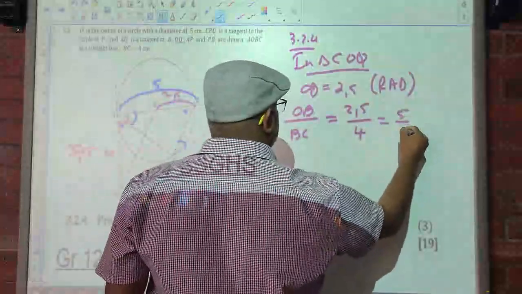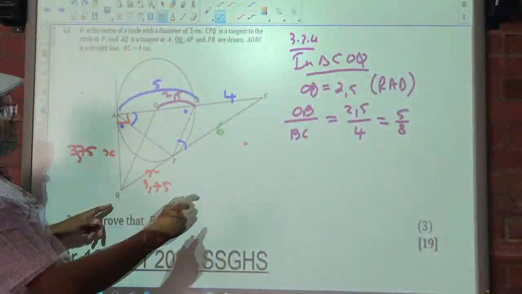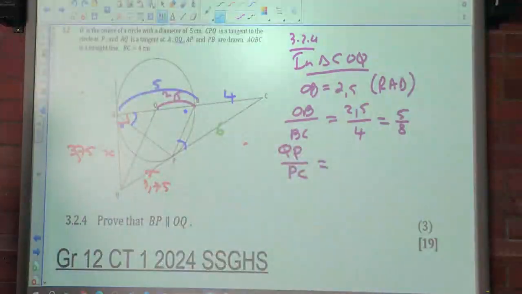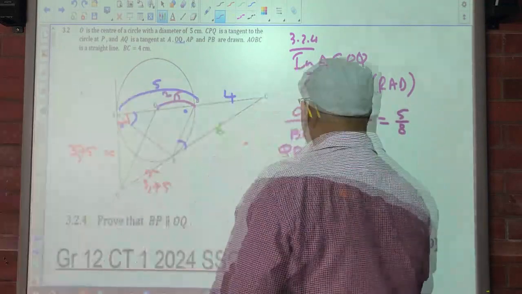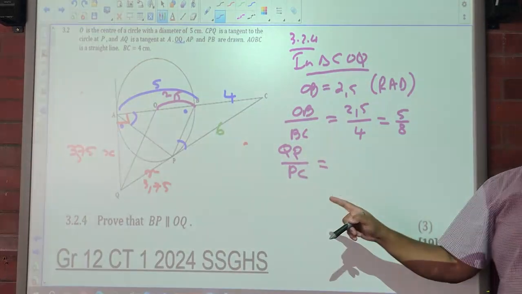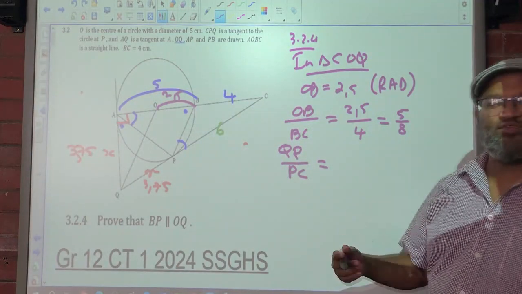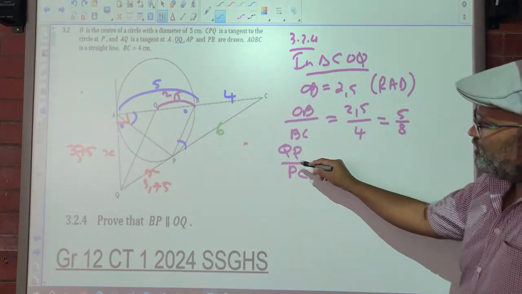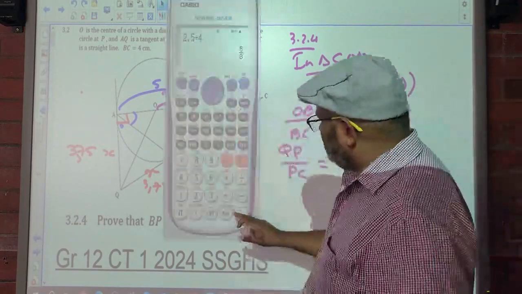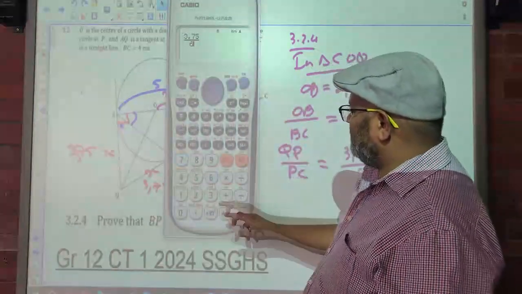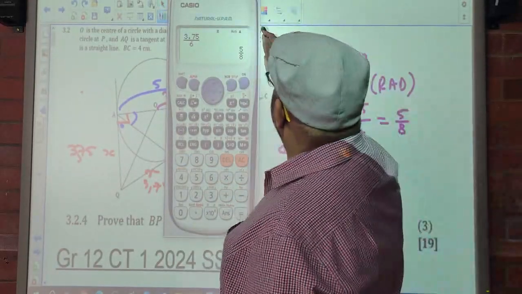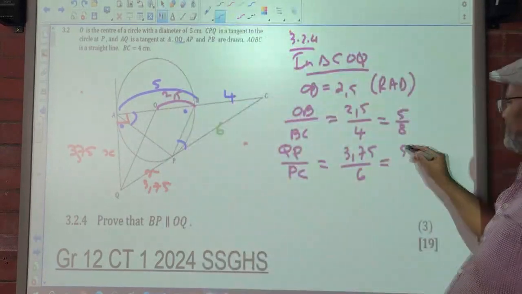5 over 8. So if I can prove that QP over PC is also 5 over 8, I've done the job. Okay? But what do you notice? I didn't start off by saying OB over BC is equal to QP over PC. I don't start like that. I'm proving it is actually the case. So QP is 3.75 divided by 6, and 3.75 over 6, lo and behold, is 5 over 8. So what do I notice now?